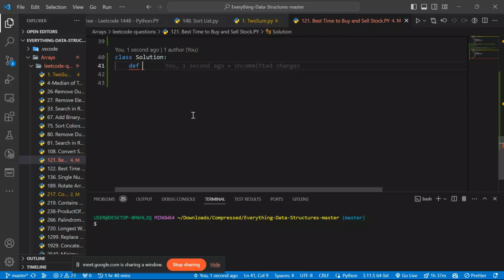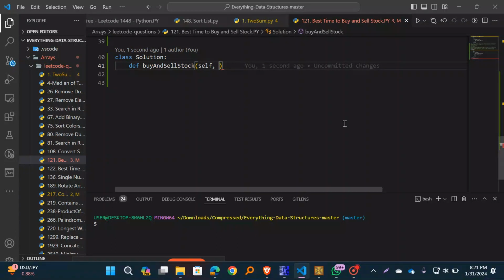I'll call it buy and sell stock. And then I'll write an instance of the method.